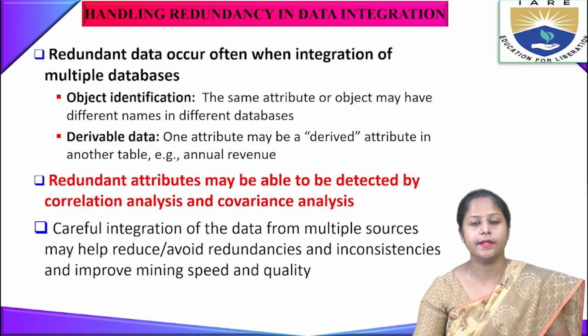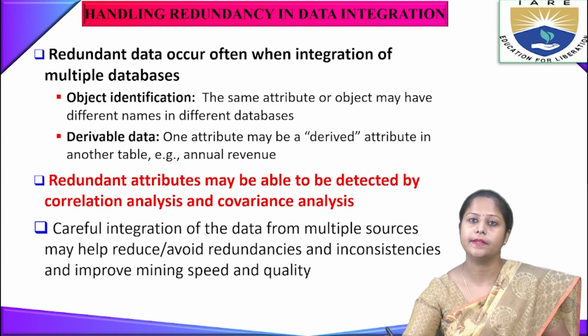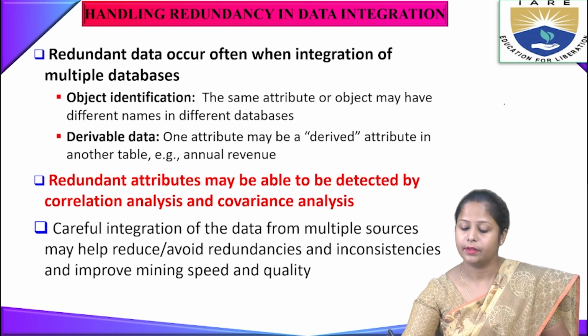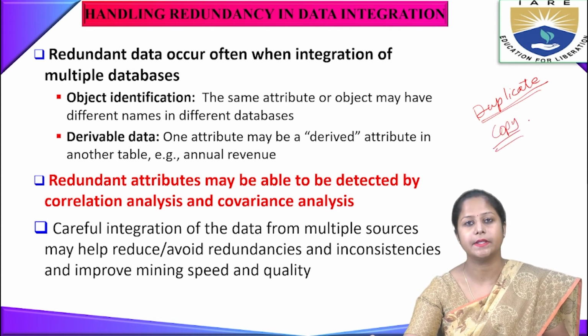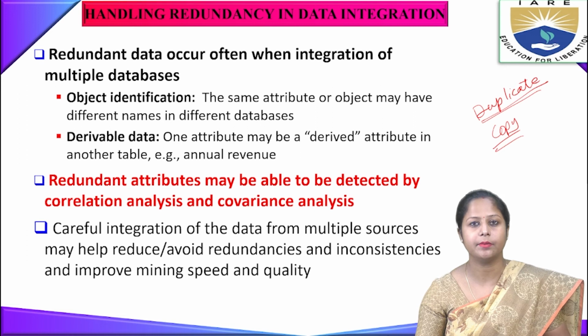Handling redundancy in data integration. While we are doing data integration, we also can have duplicate data. We can have a copy of the same data at two places or many places. Redundant data occurs when integrating multiple databases.